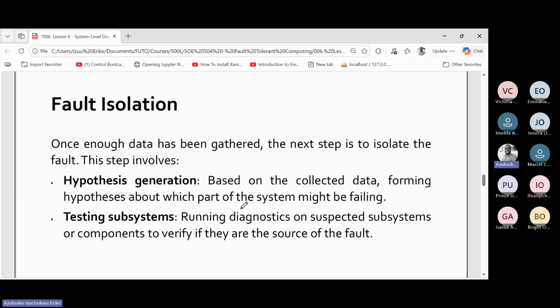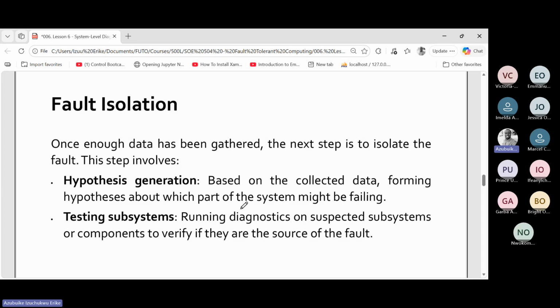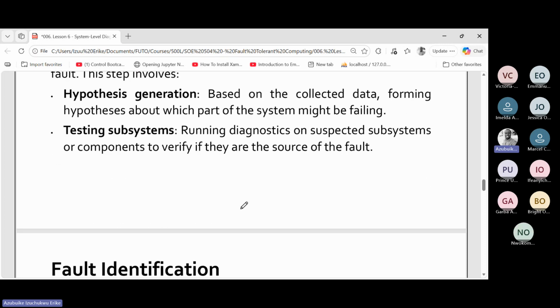Then it means that perhaps there's an external force that was acting on the system at the point of the information you gathered. Or you may find out that actually the sensor is giving a wrong value at that point in time. It's not necessarily because there was an external attack. So by that, you have actually isolated the fault.